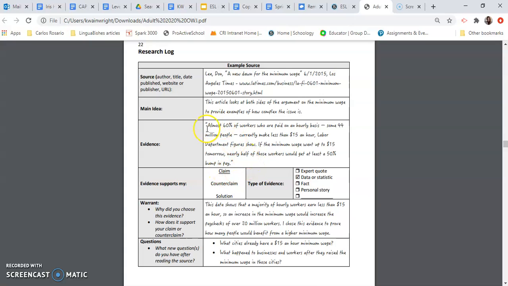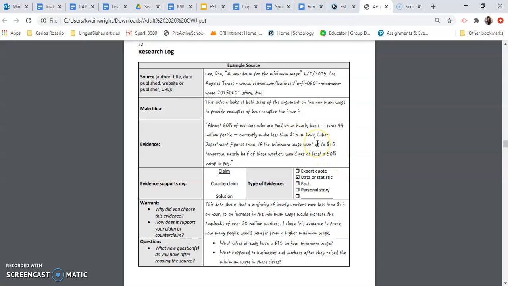So in this example, this is a statistic. Almost 60% of workers who are paid on an hourly basis currently make less than $15 an hour. If the minimum wage went up to $15 tomorrow, nearly half of those workers would get at least a 50% pay bump.